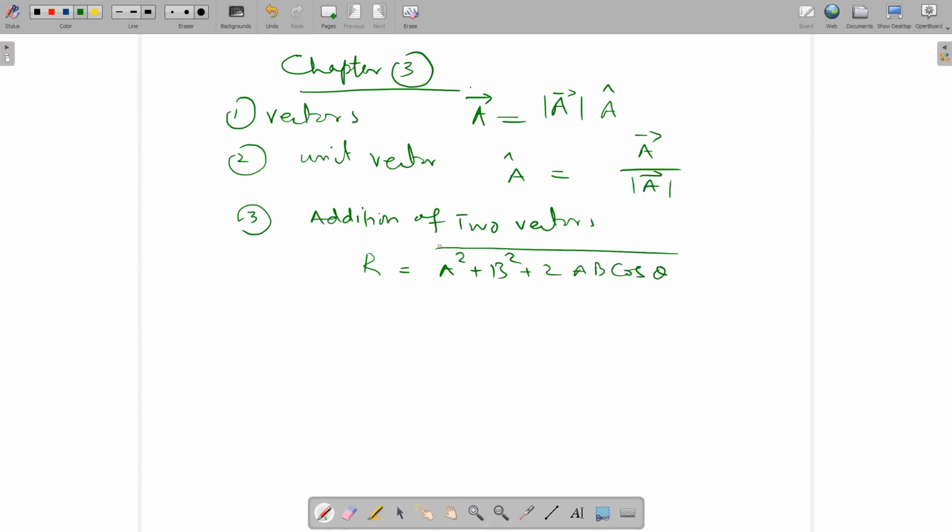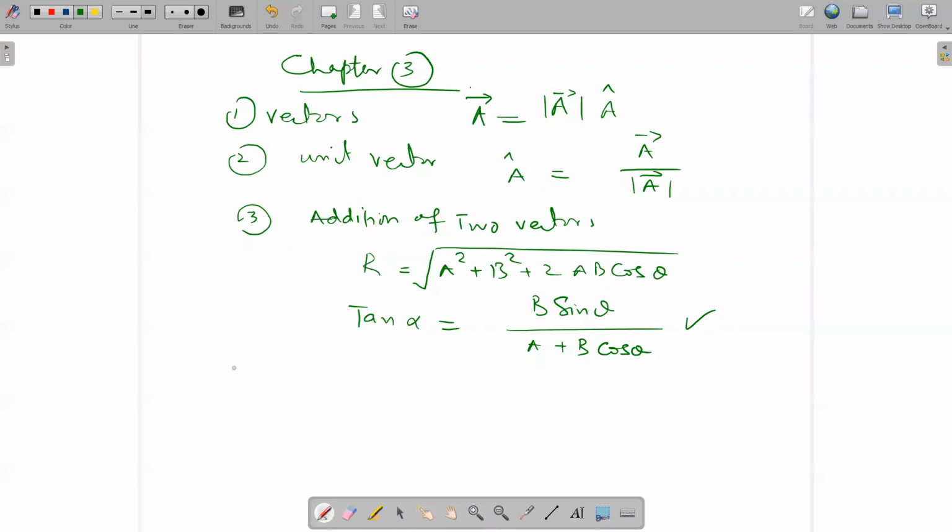This formula we have used. And for tan of alpha, or beta, or theta, it is b sine of theta over a plus, I think, b cos of theta. See, check this one, whether it is correct or not.